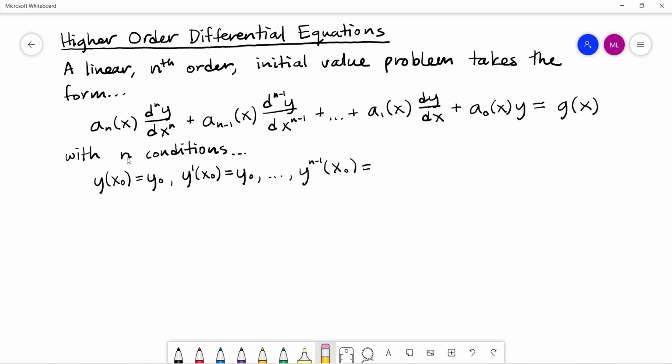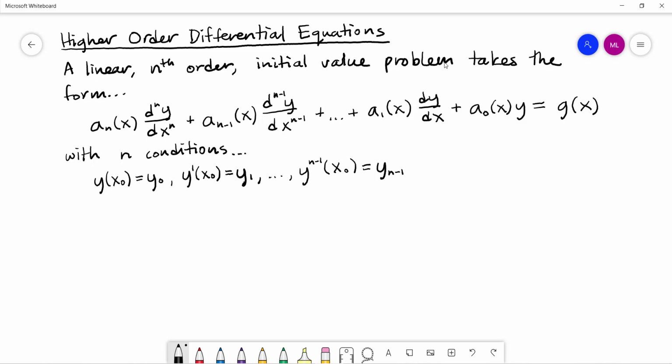And I guess this does not have to be y_0. This should be some other value. And this should be some y_(n-1). And notice, because our index started at 0, we only go up to n minus 1. We don't need to go all the way to n, or we would actually have n plus 1 conditions because we also have the 0 included as one of the conditions. So these would be our n conditions.